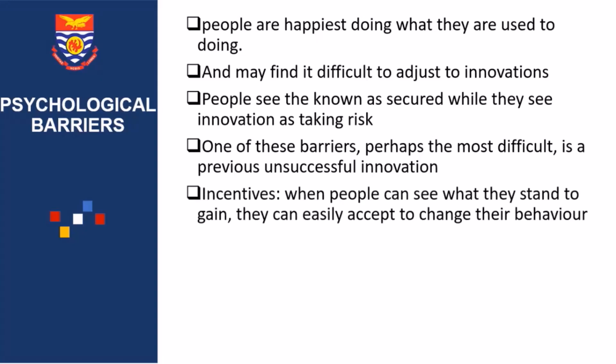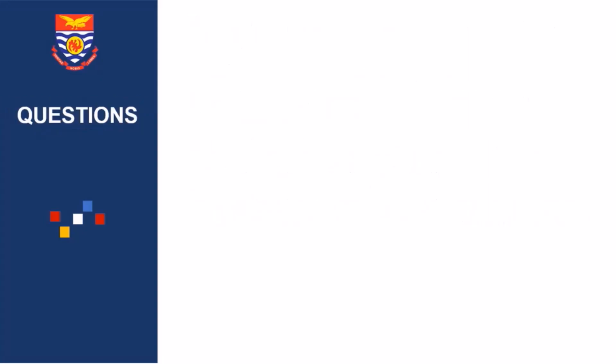And then incentives. When people can see what they stand to gain, they can easily accept to change their behavior. So psychologically, incentives also play a critical role, and it's a barrier to curriculum development. When people don't see readily what they can gain from something, and you ask them to innovate, they can't do it, and it is difficult to accept that change in behavior.